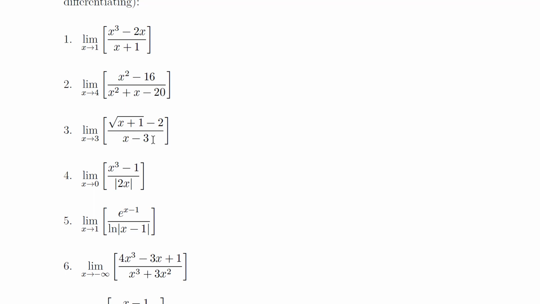So this is again the indeterminate form 0 over 0. In a question like this, when you see a square root, the easiest thing to do is to try to rationalize this by, in this case, multiplying by the square root of x plus 1 plus 2. You could also factorize this. So I'm going to show you both methods, starting with the factorization method.